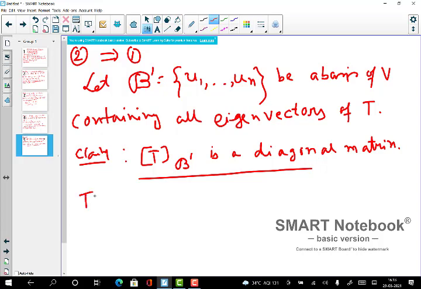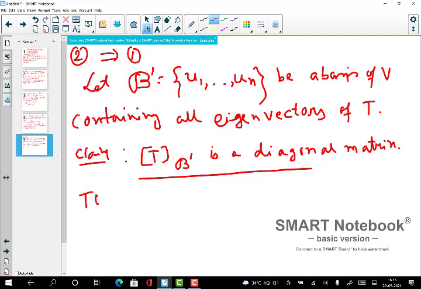There are two ways to write this down. First of all, u1, u2, ..., un are eigenvectors, right? So what does that mean?